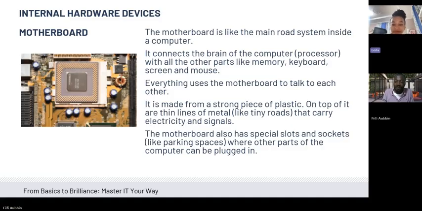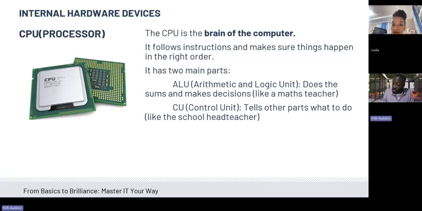Good. Now let's look at the next one, which is the CPU or the processor. What can you tell me about the CPU or the processor? It is termed as the brain of the computer.